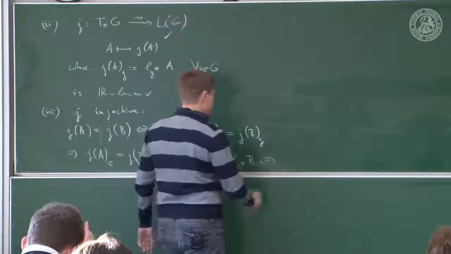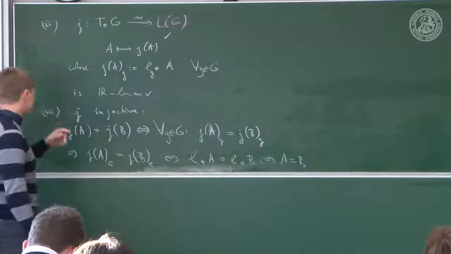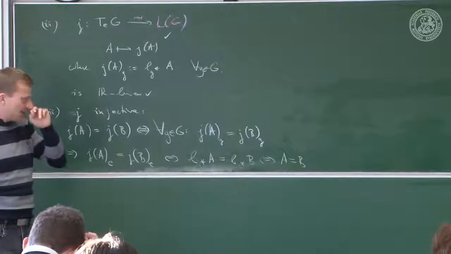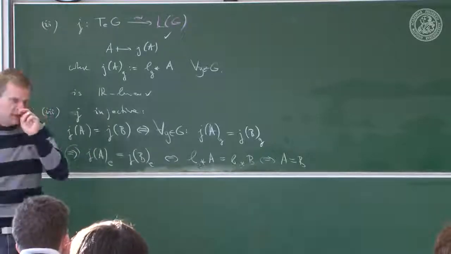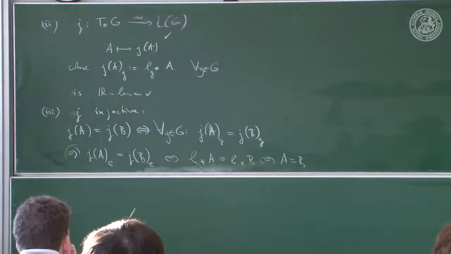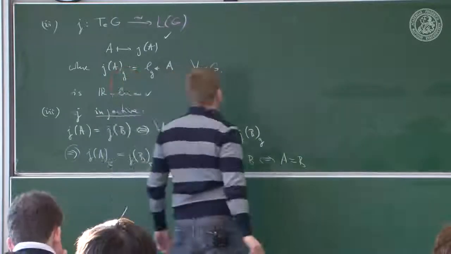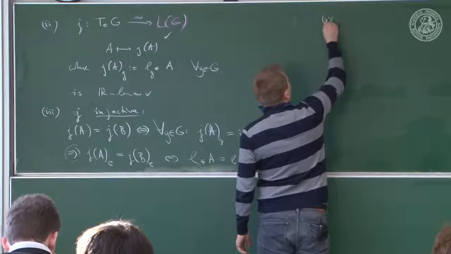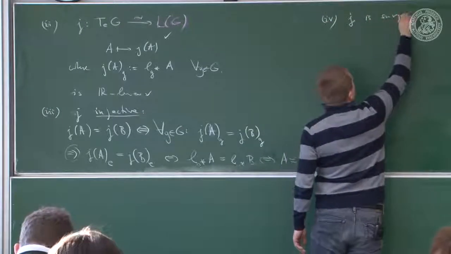Of course L_E is the identity, so this means A equals B. So J of A equals J of B implies, and there's only an implication arrow, that A equals B. But that's precisely what you want to show if it's supposed to be injective. So J is injective.